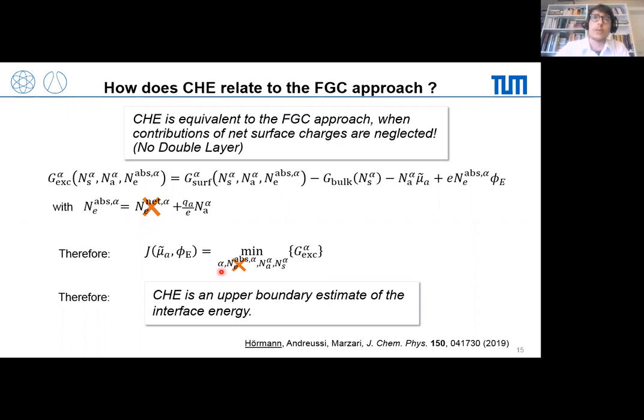What you can learn from this insight is that when we do the computational hydrogen electrode approach, we effectively leave away this net surface charge degree of freedom, and therefore we miss one degree of freedom in this minimization process. So the computational hydrogen electrode energetics can only be an upper boundary estimate for the interface free energy, or for any energetics.